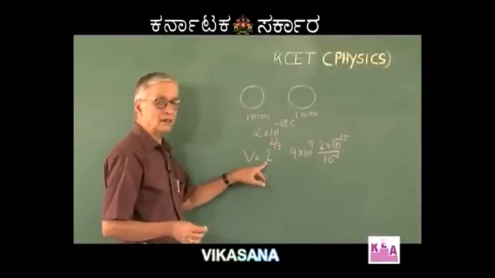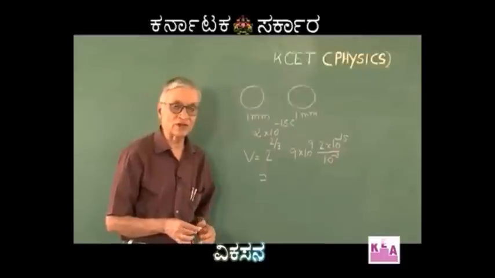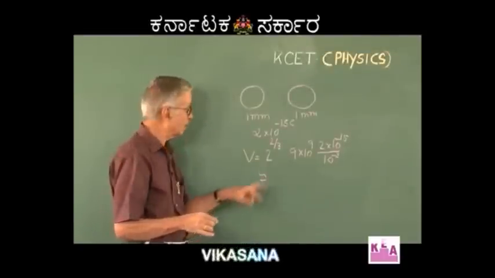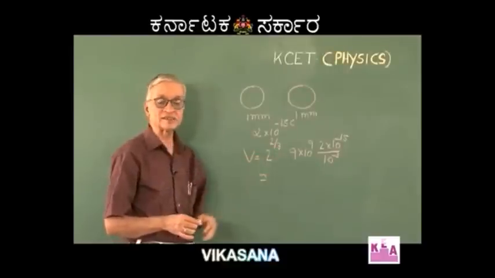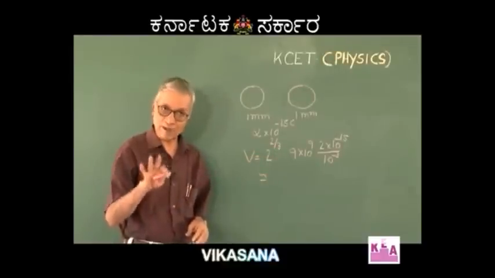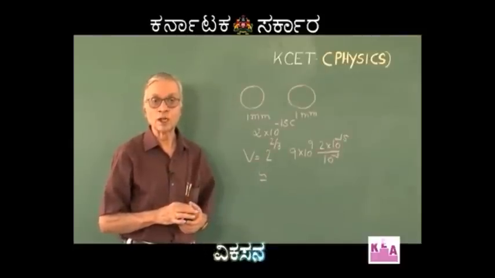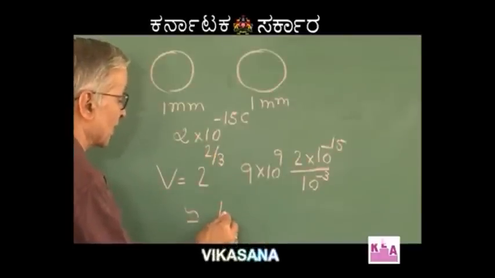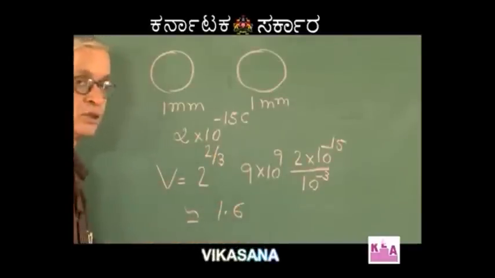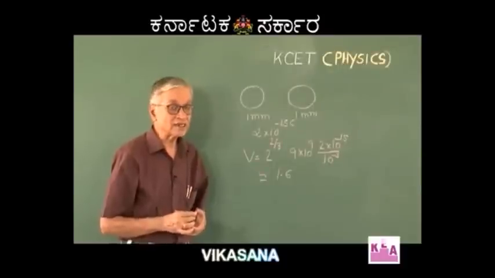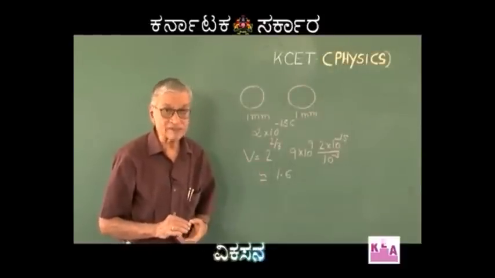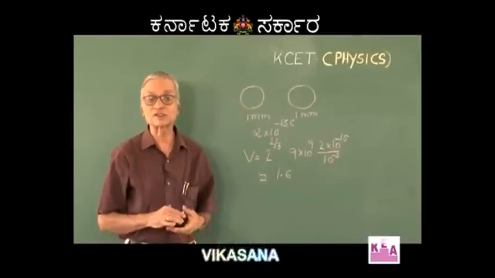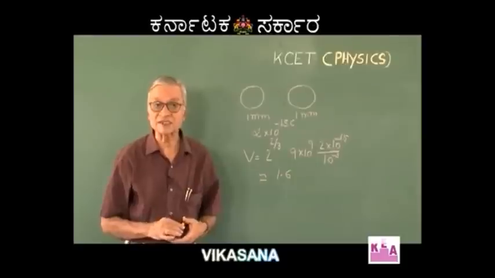He has given that 4 to the power 1 by 3 equal to 1.5874. Remember, 2 to the power 2 by 3 is same as 4 to the power 1 by 3. Therefore, to a first approximation, 2 to the power 2 by 3 can be written as 1.6. Note that it is not very advisable if you write the entire 1.5874, because we have to approximate such that calculations become simple.